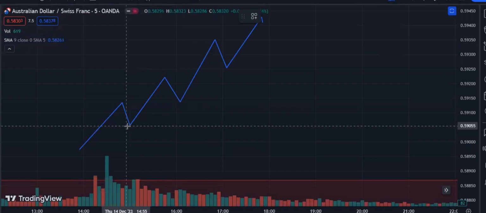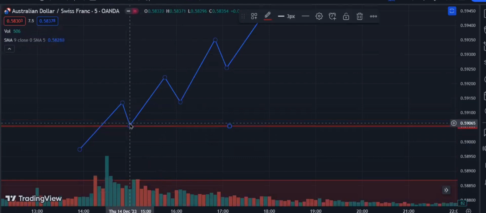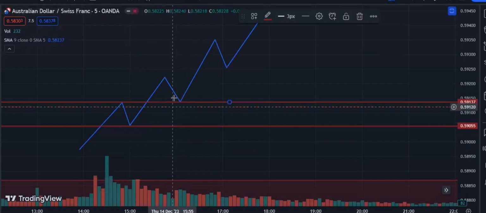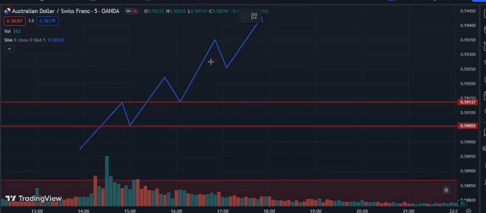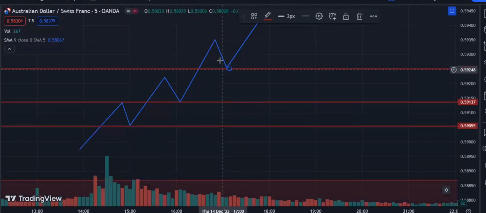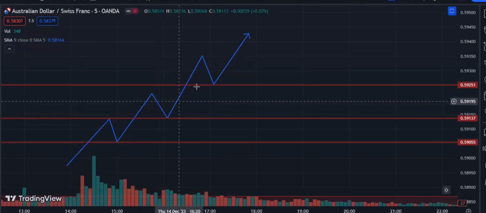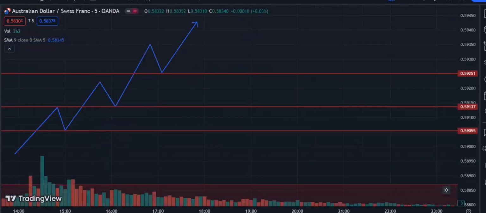You're only going to buy at the retracement level right at this point. So you are only looking for a buy in an uptrend.